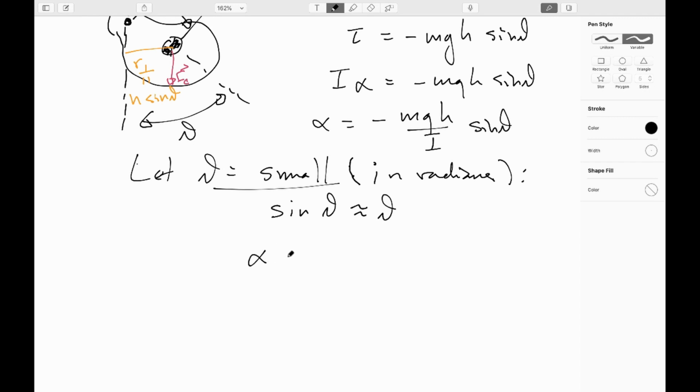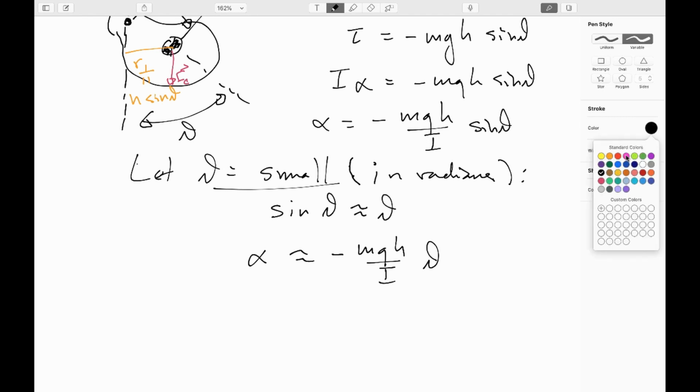We can then say, all right, alpha will be approximately minus mgh over I, just plain times theta. Then you look at that and say, hey, this is an angular acceleration, that's the corresponding angular position, there's a minus sign. This is a simple harmonic oscillator.